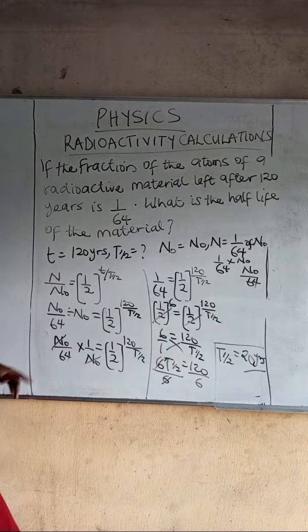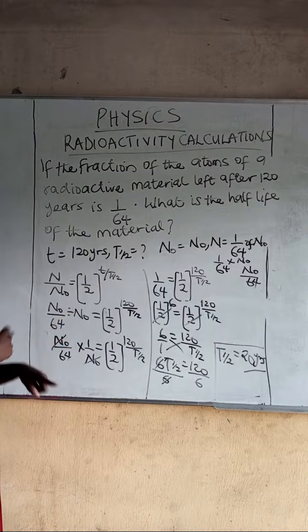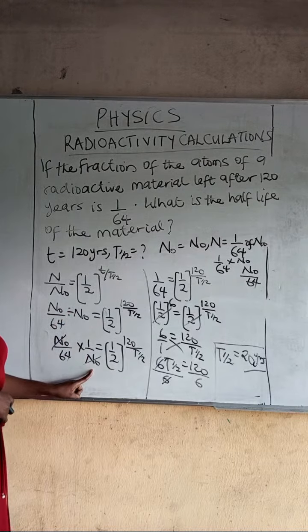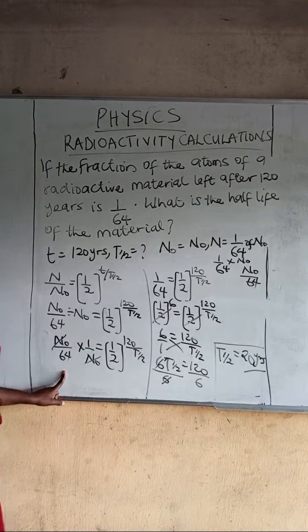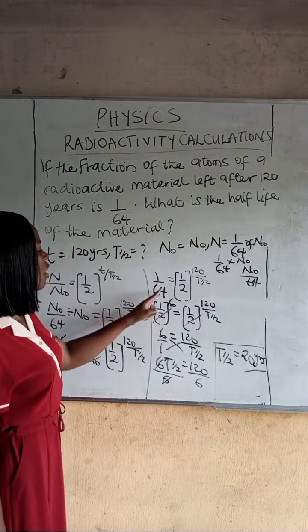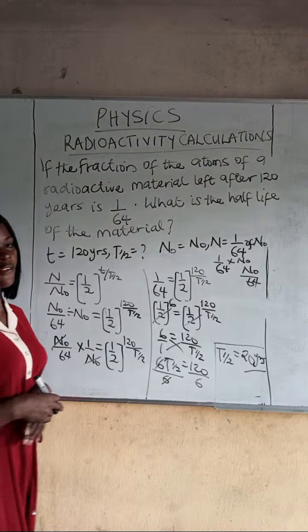N naught cancels N naught, and I'm left with 1 over 64 is equal to 1 over 2 to the power of 120 over half-life.